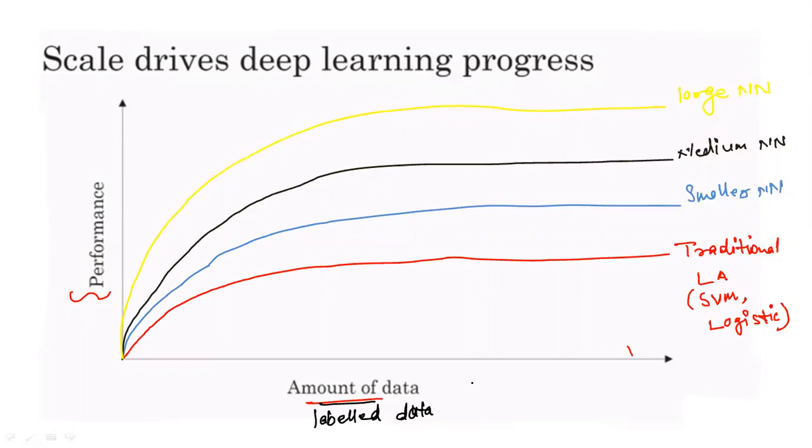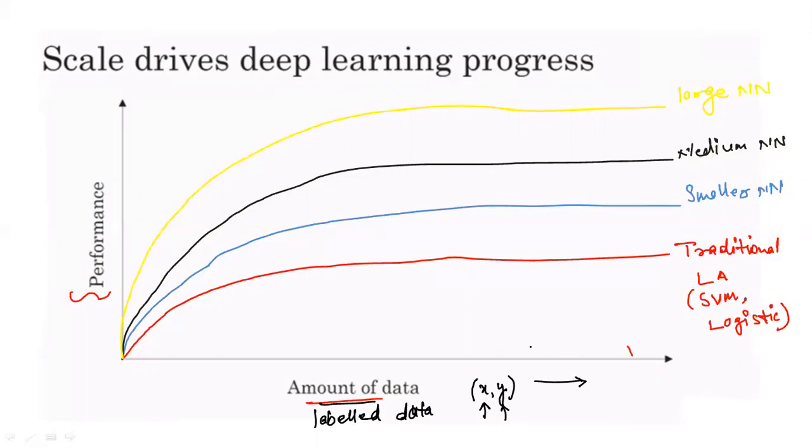And by labeled data, we mean that we have a lot more training examples, and in our notation, we represent the training examples by (x, y), where x is the input features and y is the output corresponding to the input x. So as we increase the amount of data, the learning algorithm performance consistently increases.